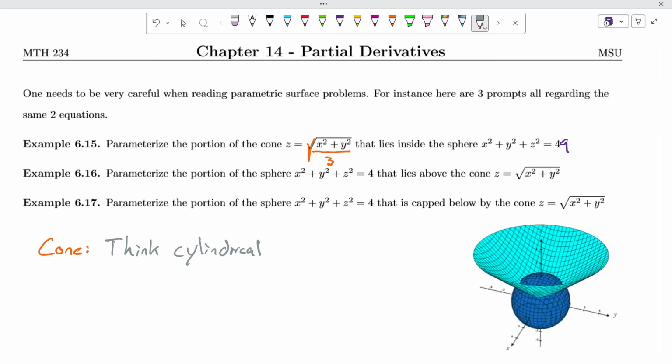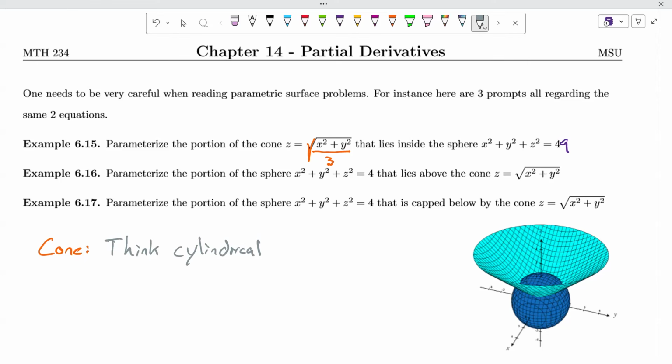The easiest example of a cone in cylindrical coordinates is just the equation z equals r. And in fact, that was the equation we had in the original problem. So before I made these edits, this was just the cone z equals r.